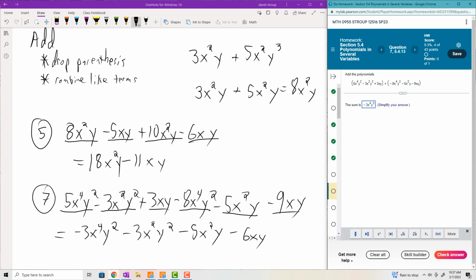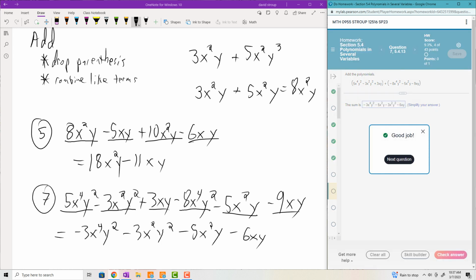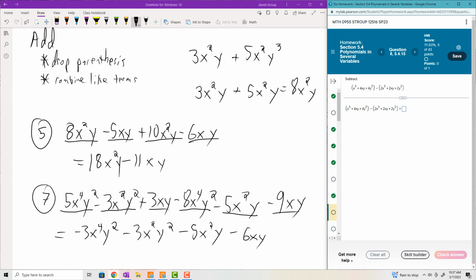Let's put it out of order, see how the computer acts. X squared y, and then minus 3x squared y squared, and then minus 6xy. Yay. Yeah, so it doesn't care about the order.